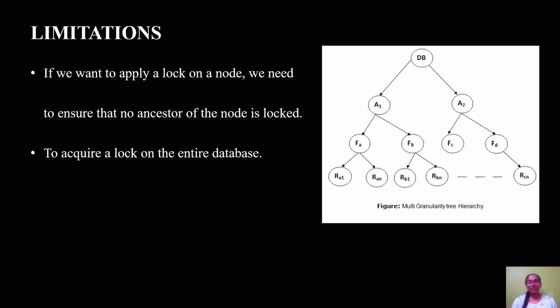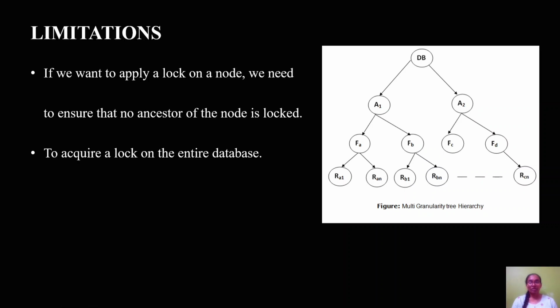And the second limitation here is to acquire a lock on the entire database. If we want to lock the entire database, we have to check through each node whether it is locked or not. If any of the child nodes is locked, then the database cannot be locked. So if we want to lock the database, each node has to be checked.